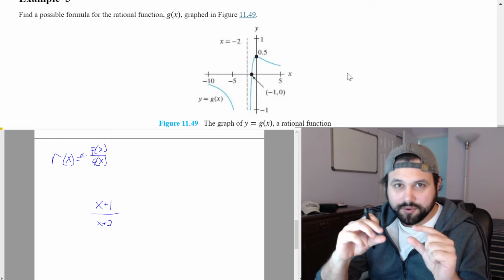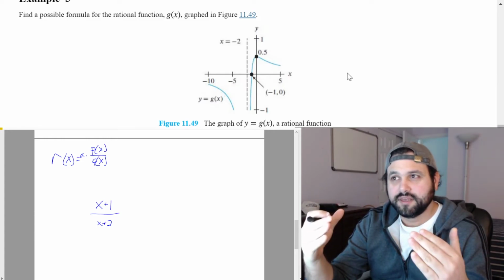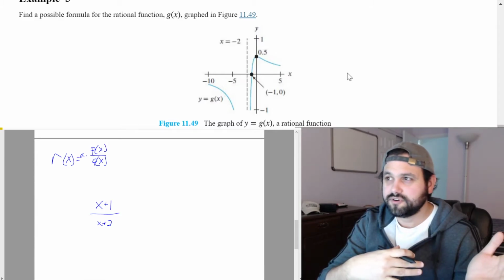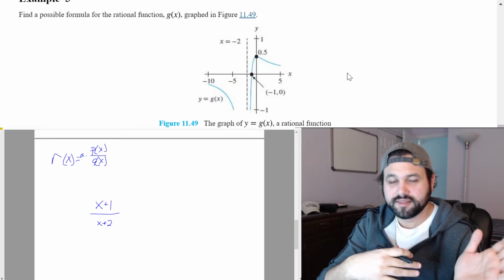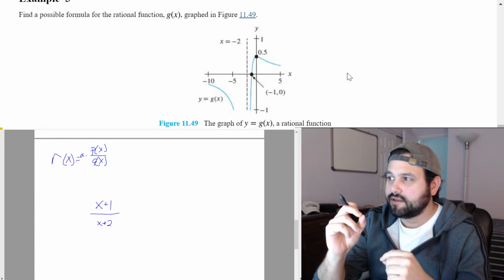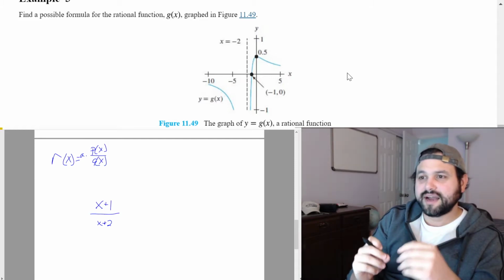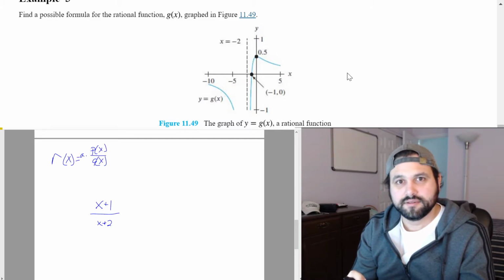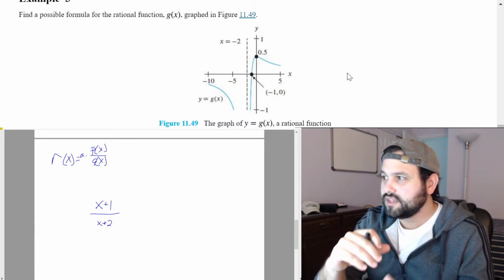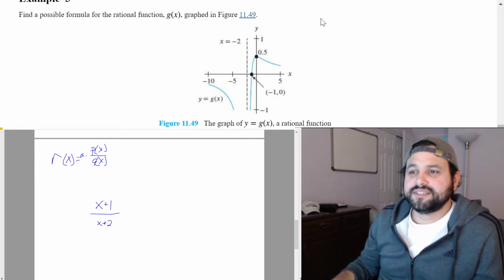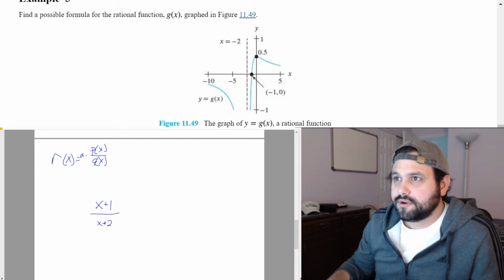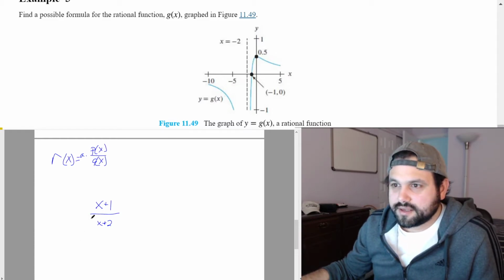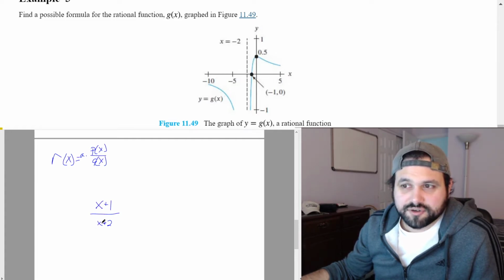That means if it's going down to 0 in the long run, if we look at the end behavior, back to the previous 11.4, then when I simplify leading term over leading term, I have to end up with an x in the denominator, right? Because it has to go to 0. And so in this case, right now, if I simplify x over x, that's going to go down to 1.